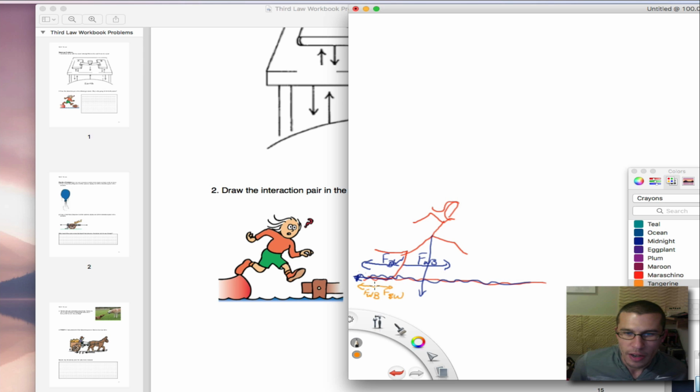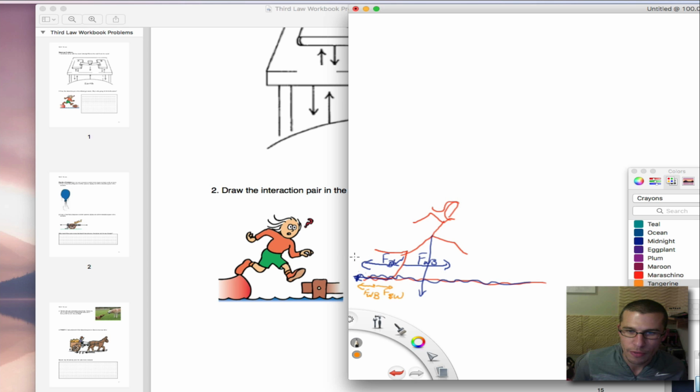But there is no friction opposing the force of the water due to the boat, so the boat is simply going to slide out and nothing is going to oppose it at all.